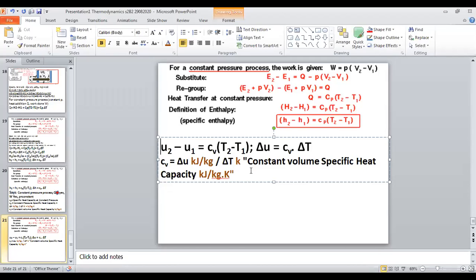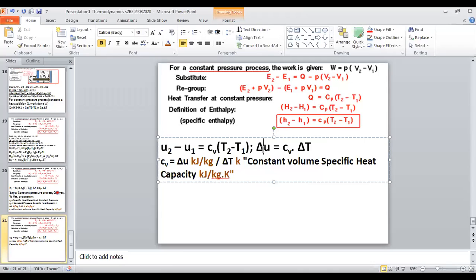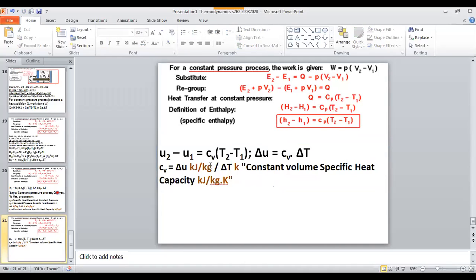Later I will explain what the situation is for constant volume. Again, for constant volume, to make the system perform, there should be some heat addition. That one I will explain later. For the moment, you understand this.